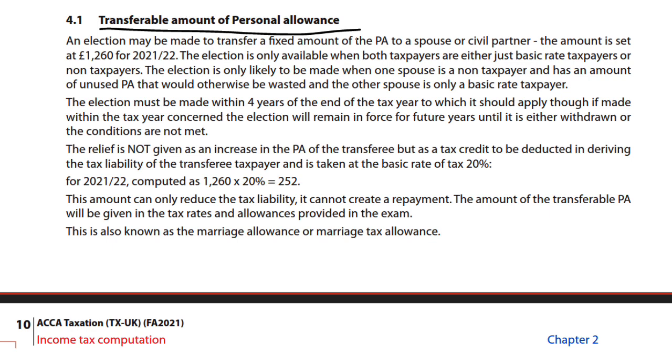So what have we got here? An election may be made to transfer a fixed amount of the personal allowance to a spouse or civil partner. What we know is that every taxpayer, whether single or married, whether child or adult, whether male or female, doesn't matter, we are all treated the same.